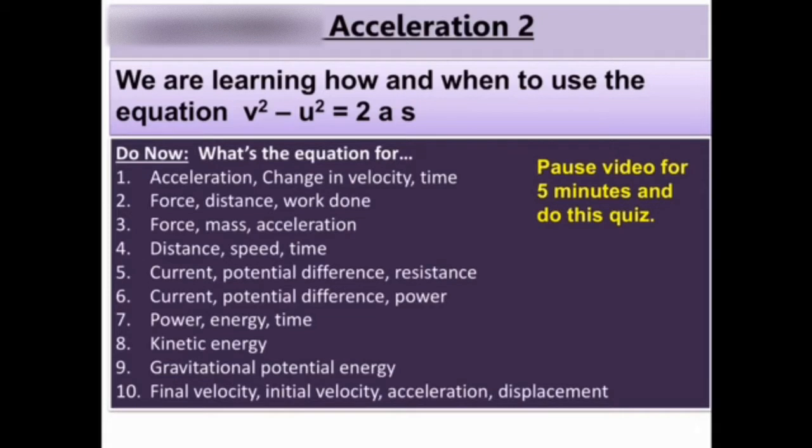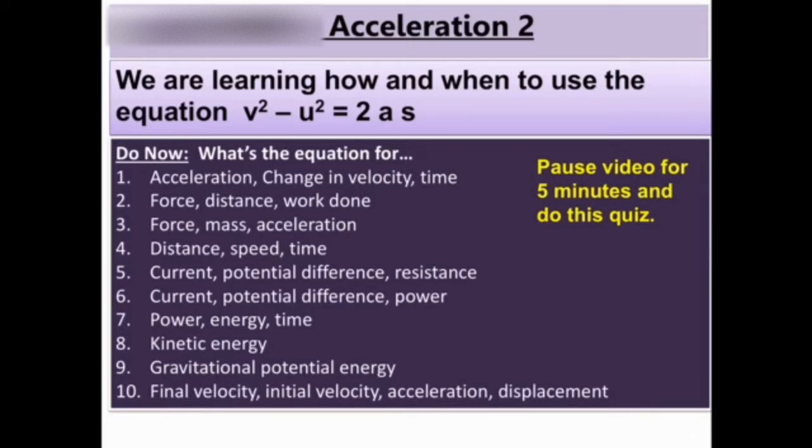Number 7, you could either say power equals energy divided by time, or energy equals power times time. Number 8, kinetic energy equals 0.5 times the mass times the speed squared. Number 9, gravitational potential energy equals mass times gravitational field strength times height.